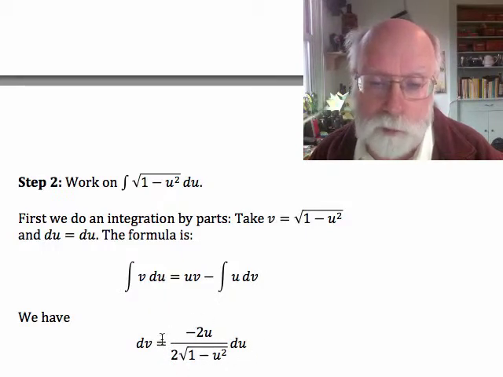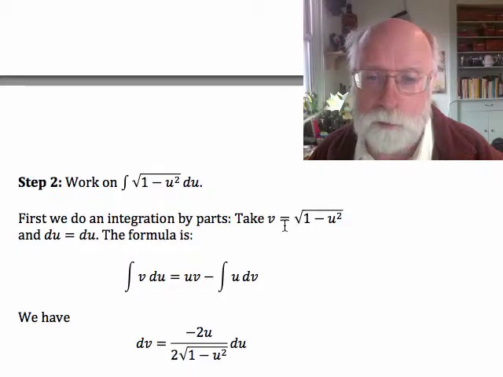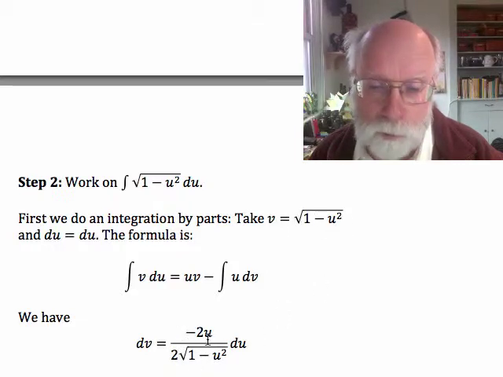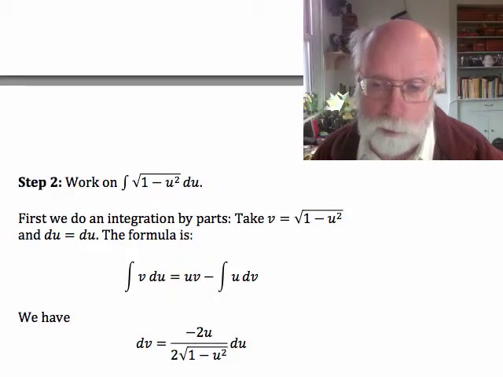So I've used the chain rule differentiation here. The derivative of the square root is 1 over 2 times the square root. Derivative of what's inside the square root is minus 2u. So it's a chain rule that's going on there in that derivative.